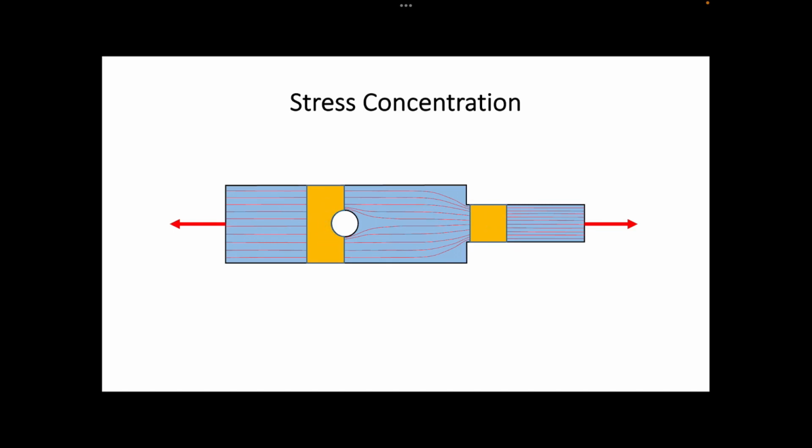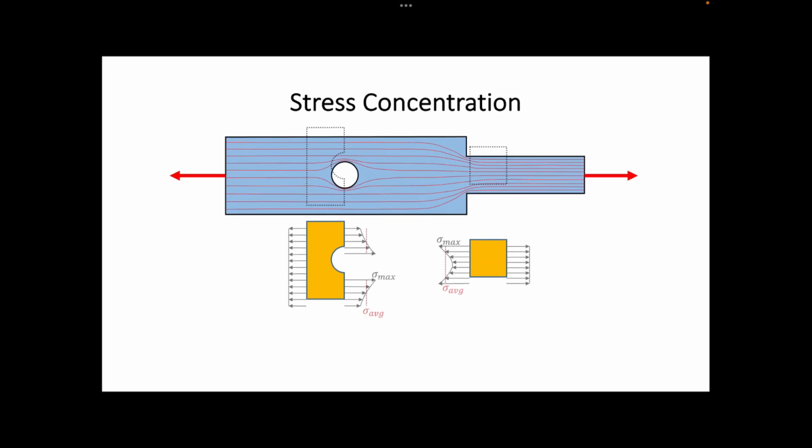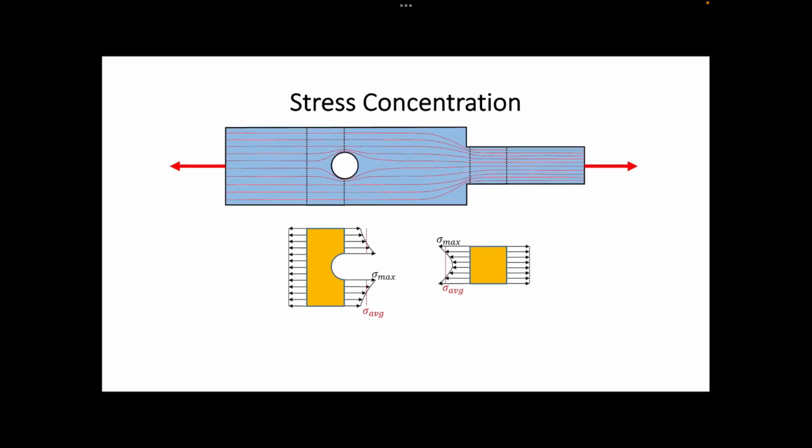For example, let us visualize the stress distribution for these two segments of the bar. As you can see, we have maximum local stress at some points on the surface of the two segments.